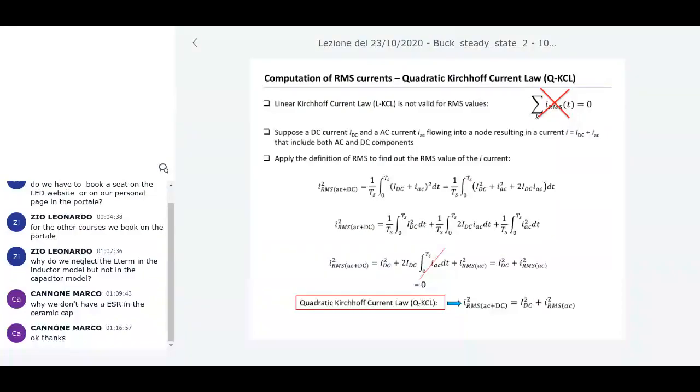Sometimes in the future, I can just use some approximation because computation leads to some complicated formulas that I don't employ. Okay, so let me share again in order to go on with this root mean square computation.